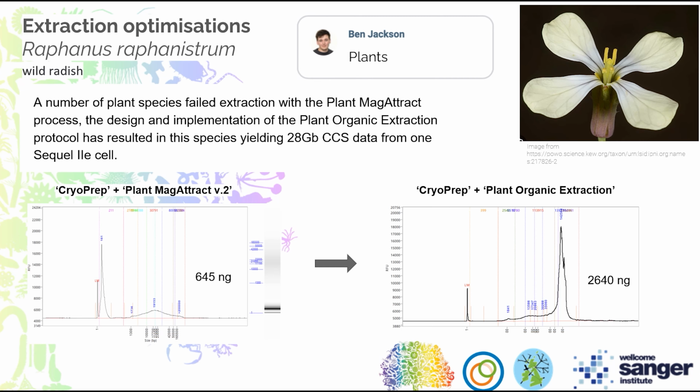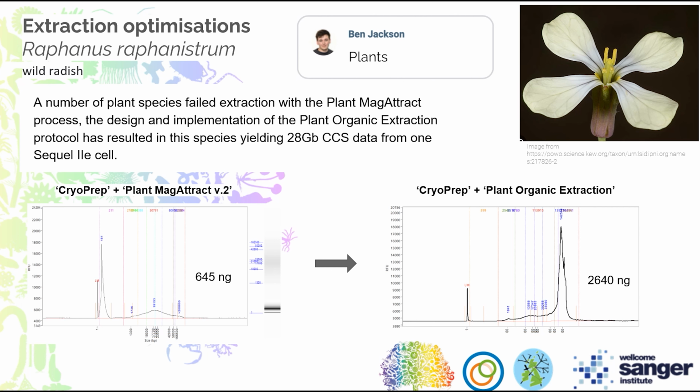So plants, here's an example of this plant organic extraction method that I highlighted just at the beginning. So here on the left-hand side, we see this particular species, the initial extraction, again, quite a low yield and not very good quality, and that's from a cryo-prepped plant material gone through that plant MagAttract extraction process.